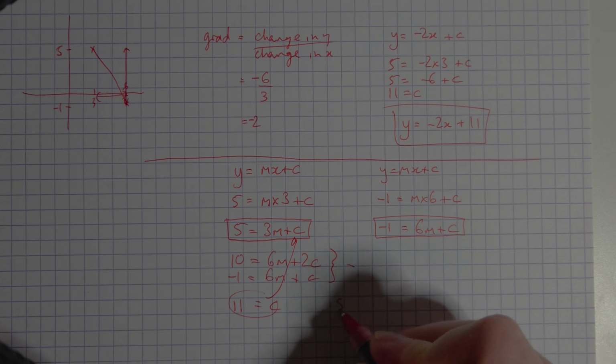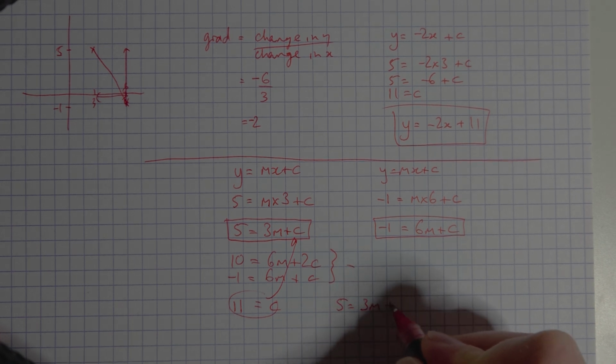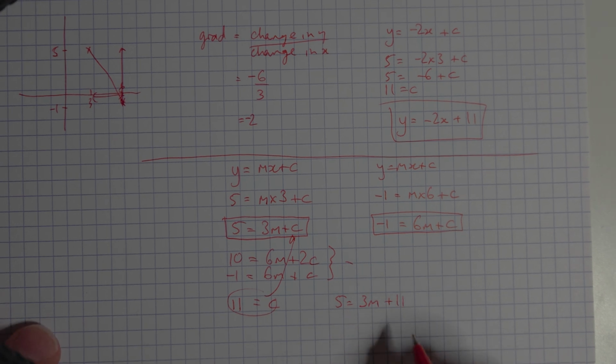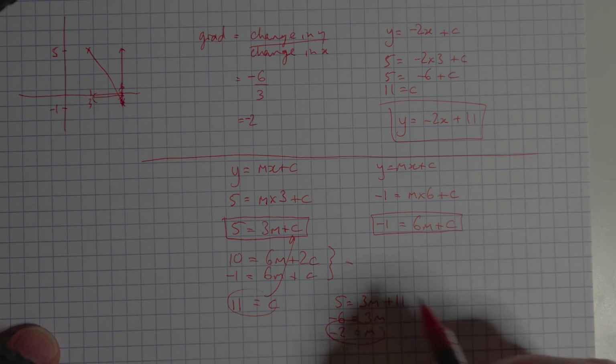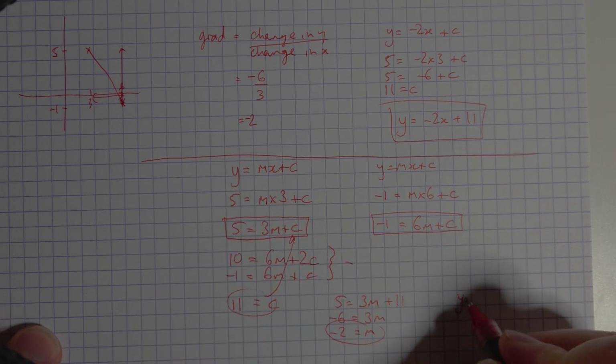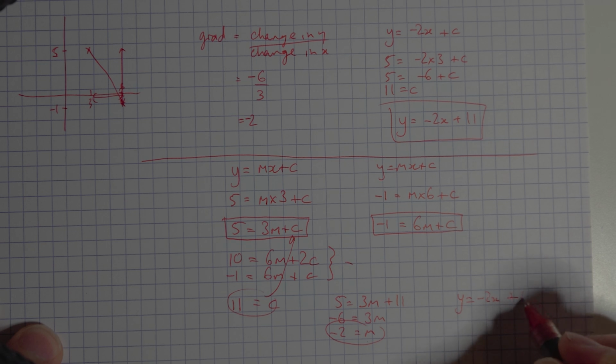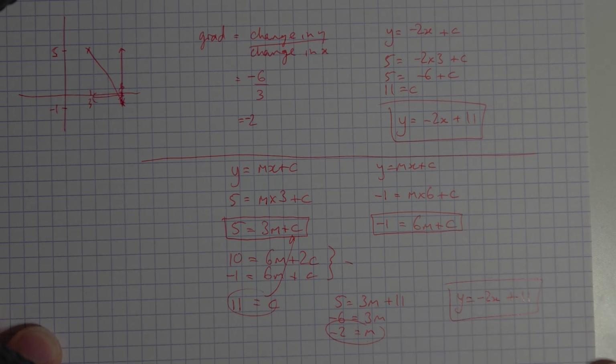So that's 5 equals 3m plus 11. Take 11 from both sides. That's -6 equals 3m. Divide both sides by 3. -2 equals m. So now I know that m is -2 and c is 11. Putting it into y equals mx plus c, it must be y equals -2x plus 11, like we had before.